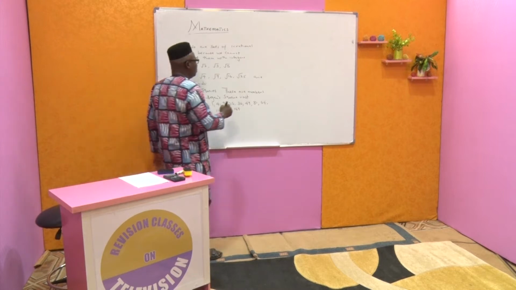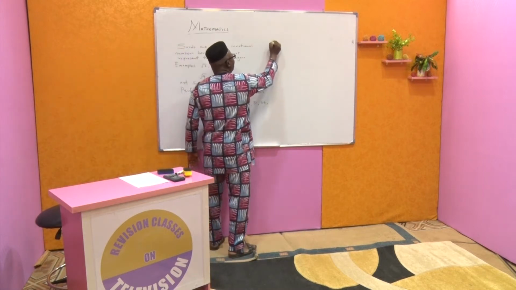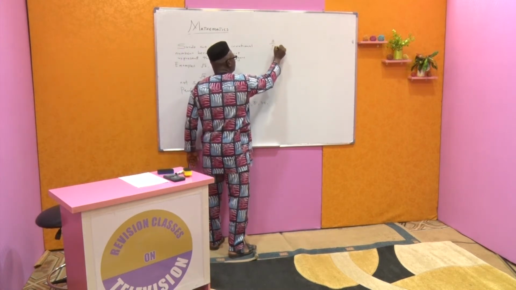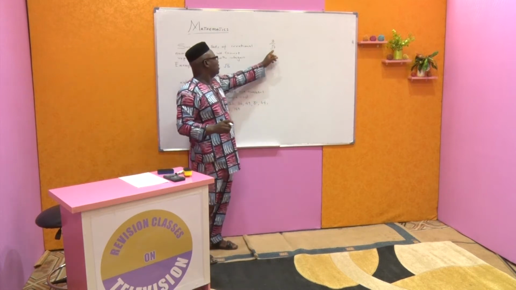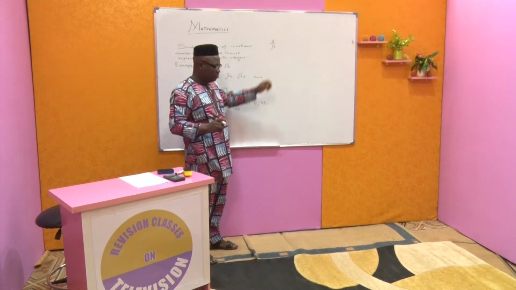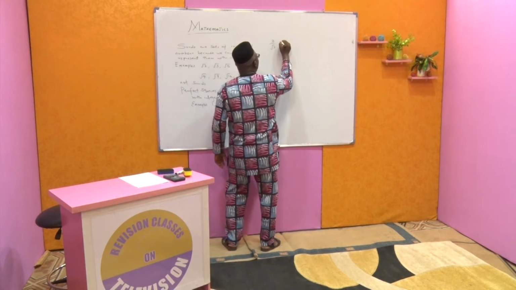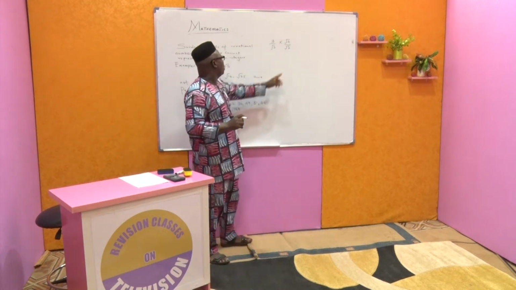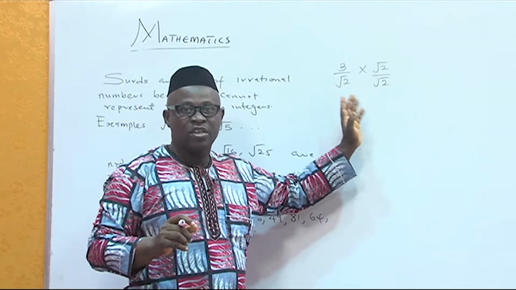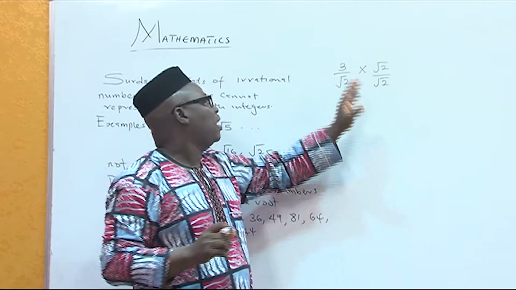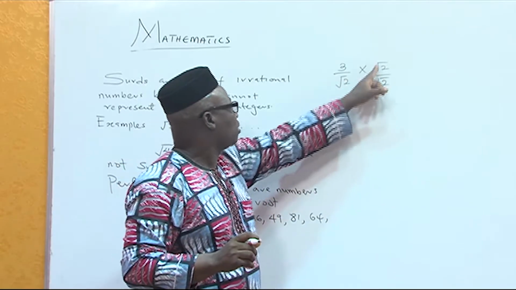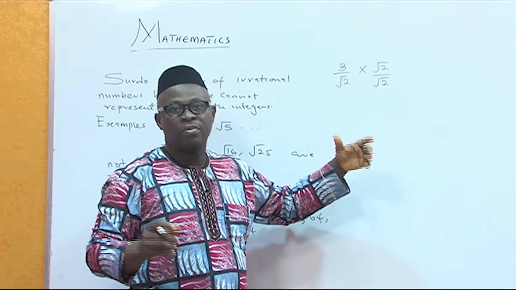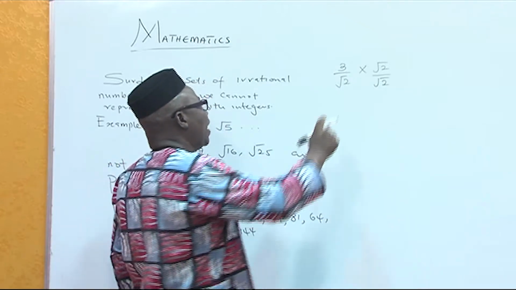If I need to simplify something like 3 divided by root 2, because my denominator is a surd, then I'm going to rationalize by multiplying by root 2 divided by another root 2.